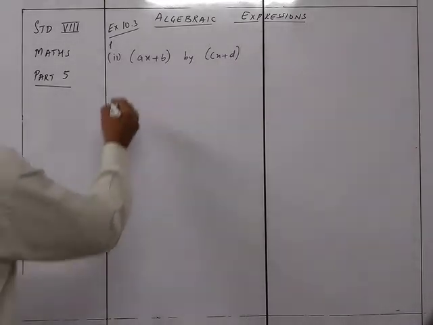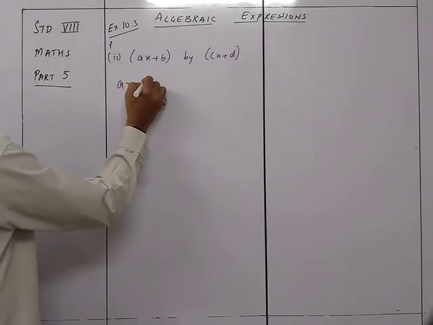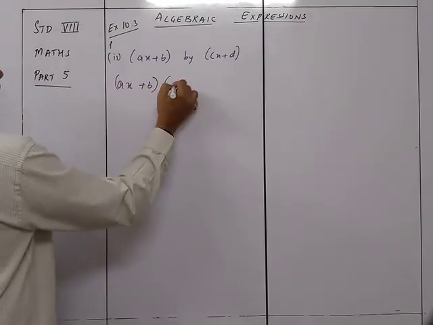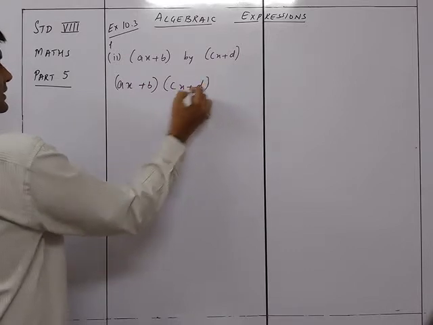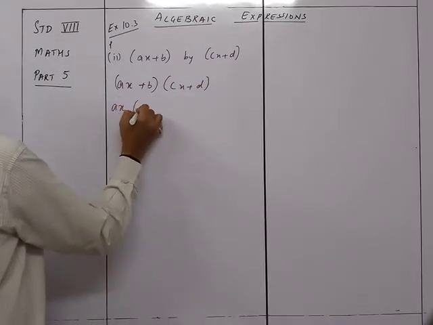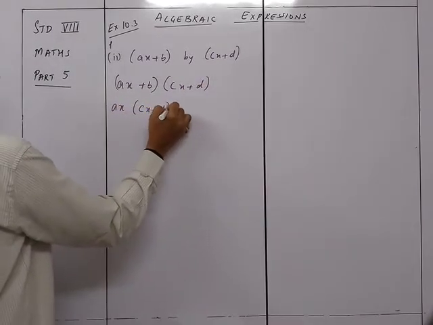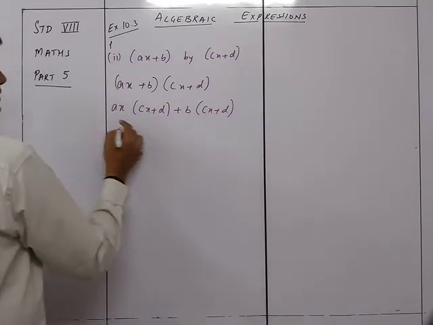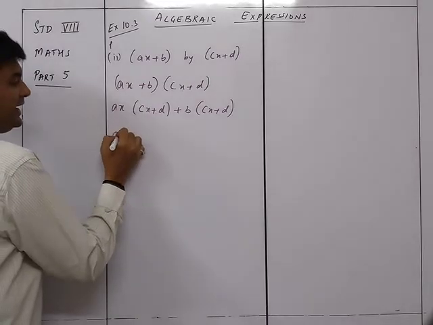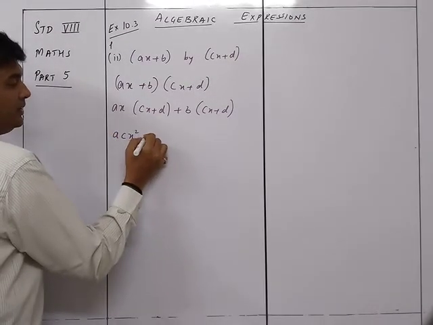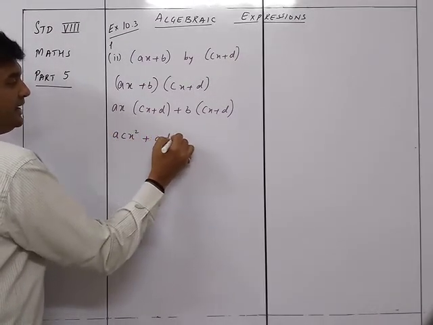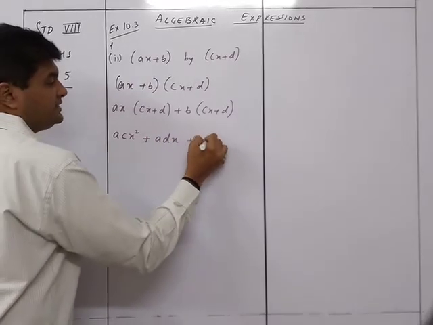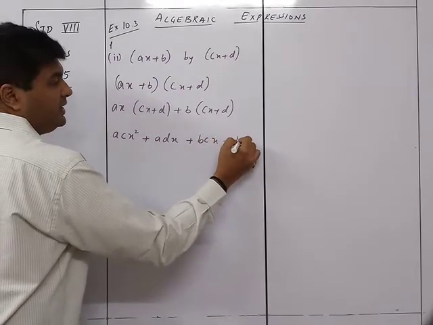So it is AX plus B into CX plus D. So AX into CX plus D plus B into CX plus D. That gives me ACX square plus ADX plus BCX plus BD.